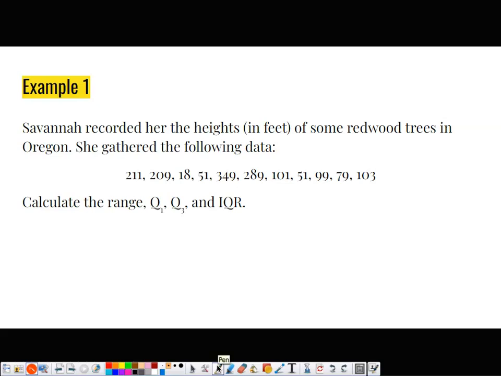The smallest number that I see is 18. So let's write that out. So we have 18. Then I believe 51 is the next one, and I see it twice. So we have 51, 51. The next smallest number is 79.